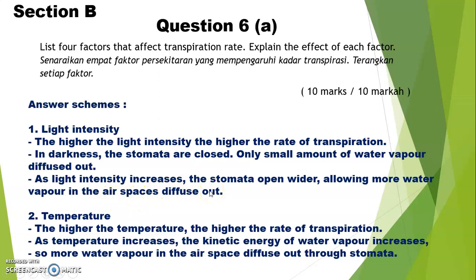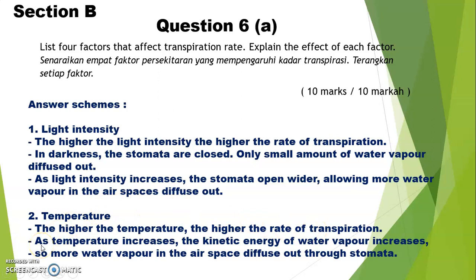Alright, so that is the first factor, light intensity. Now we go to the second factor, temperature, 1 mark. The higher the temperature, the higher the rate of transpiration, another 1 mark.